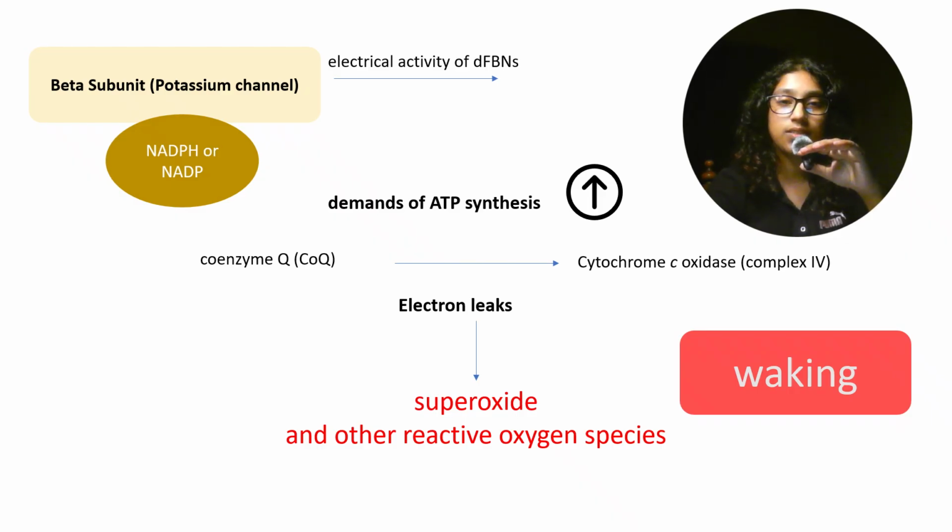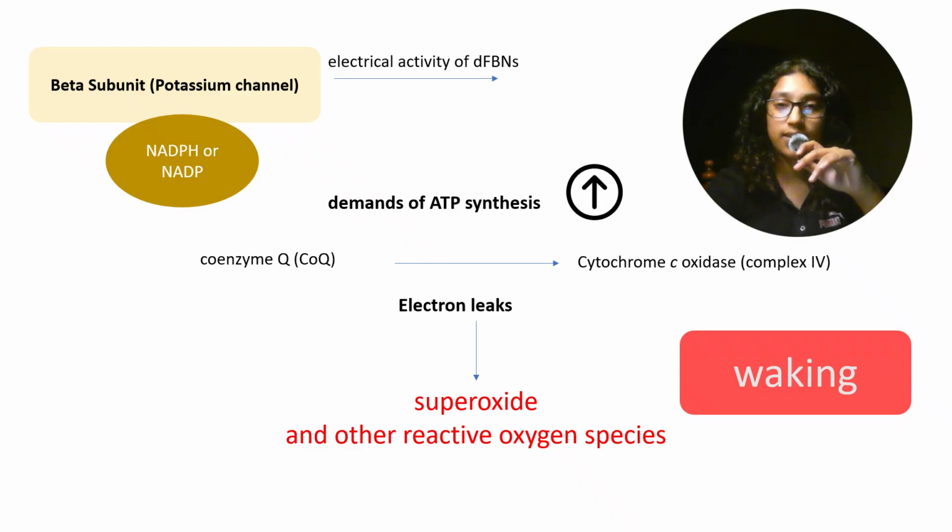So what happens is, when there is more demand of ATP synthesis, there is an electron leak from coenzyme Q to cytochrome C, which is complex 4. And when there is an electron leak, these electrons enzymatically bind to oxygen, and it creates superoxide and other reactive oxygen species, which, as I've already mentioned, leads to a particular cascade effect.